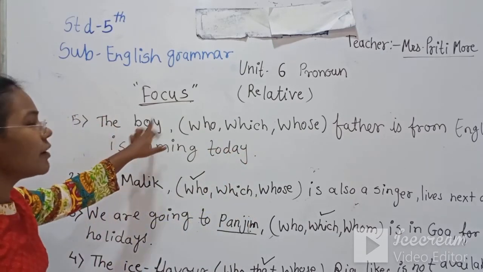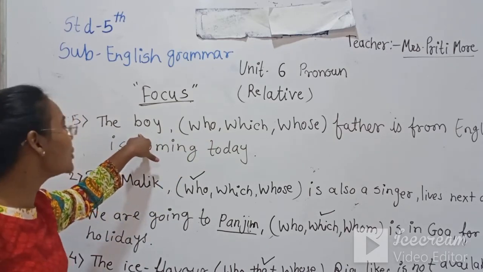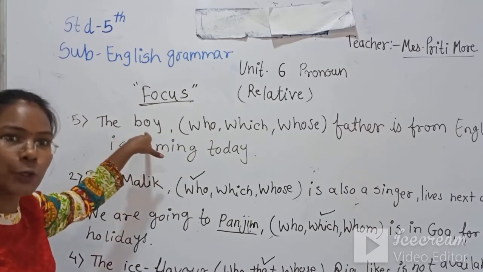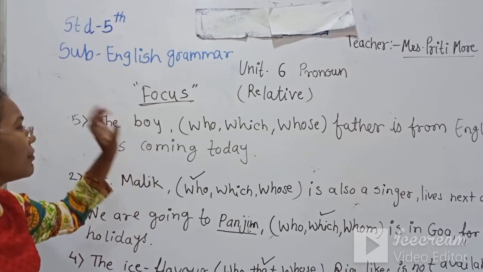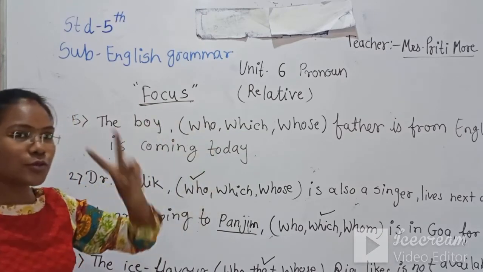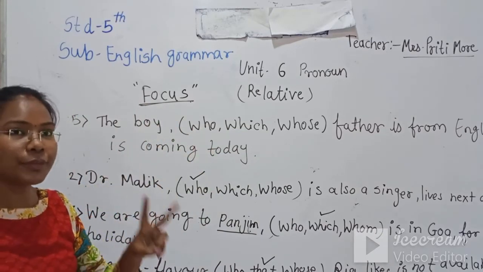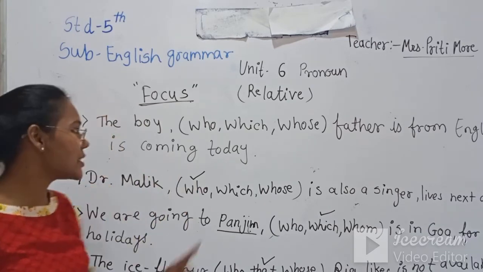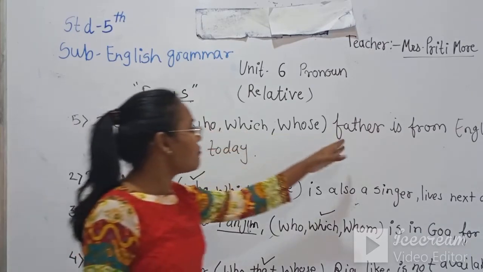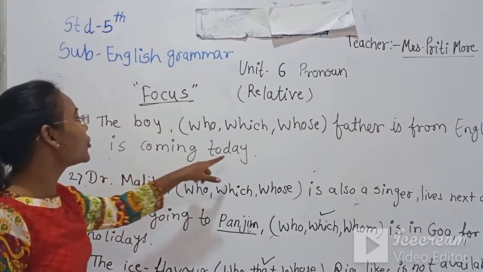Now, the boy, what is our subject? The boy. And this is a living thing, a person, a human being. So we can use whose or who. These two relative pronouns we use for a human being. But which will be correct? Let's see. The boy father is from England, is coming today.